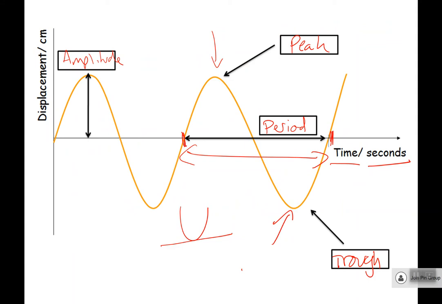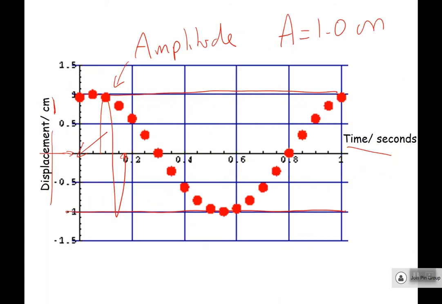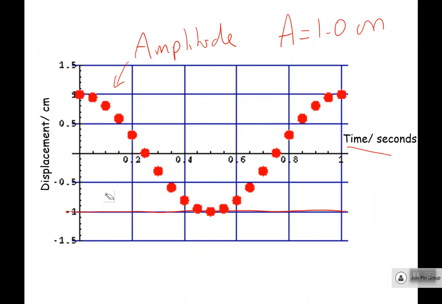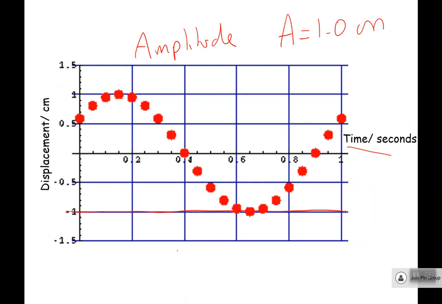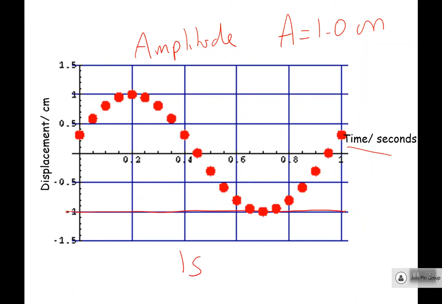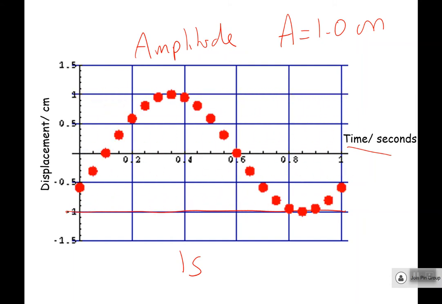Another key word is frequency. Now frequency, if you think of how frequent something is, frequency is how often. And it's how often you have an oscillation, i.e. how many oscillations in 1 second. So again, same thing, what you want to do is time how long it takes for one complete oscillation.